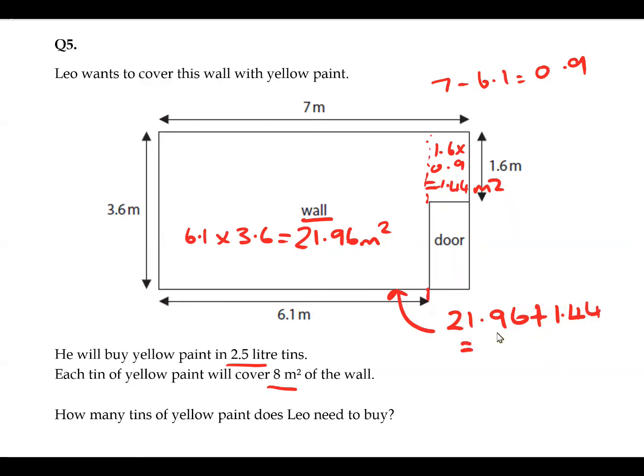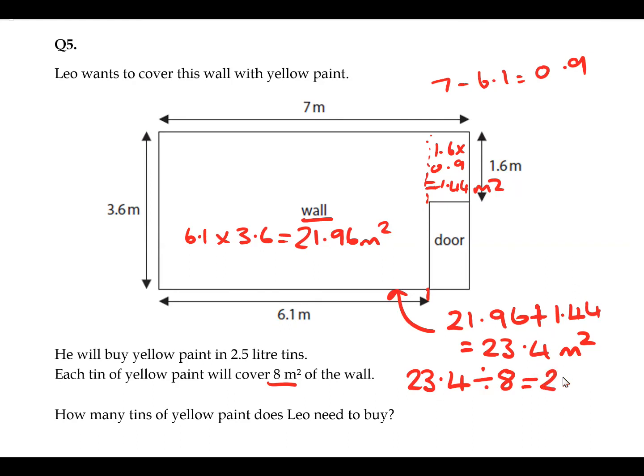So that gives us 23.4 meters squared that he needs to cover. So we have our area of our wall, which is 23.4 meters squared, and we need to divide it by the amount one tin covers to tell us how many tins we need.